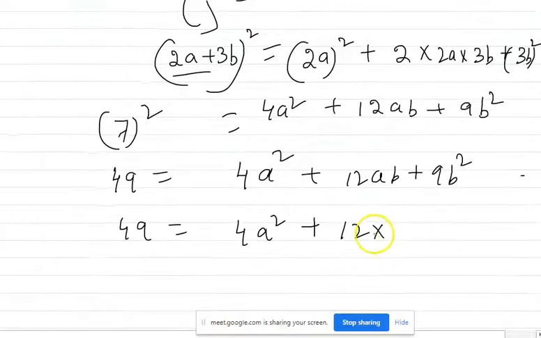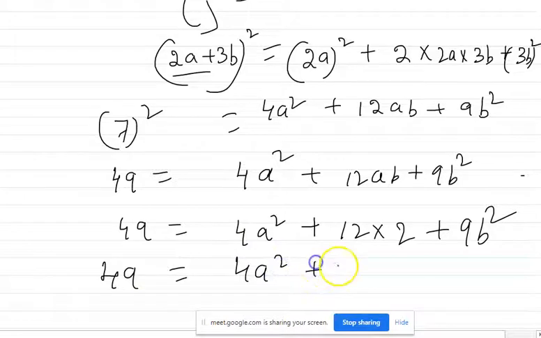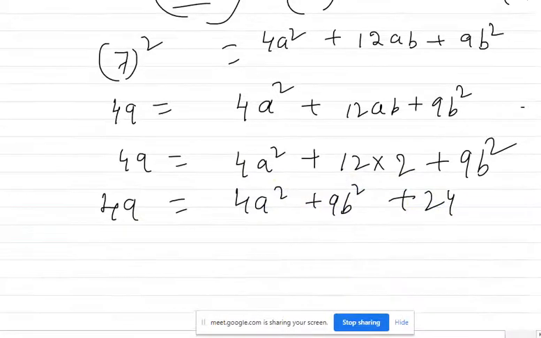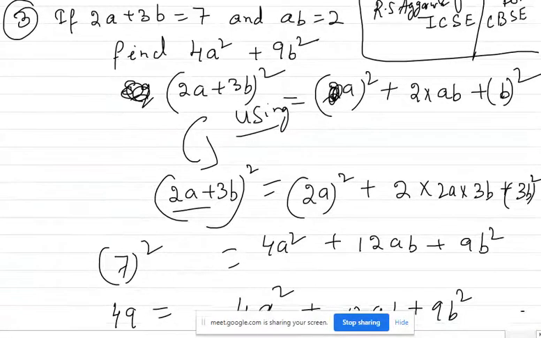All right, so I write here 2 plus 9b whole square, so 49 is equal to 4a square plus 9b whole square plus 24. In the question it is asking us to find the value of 4a square plus 9b square.